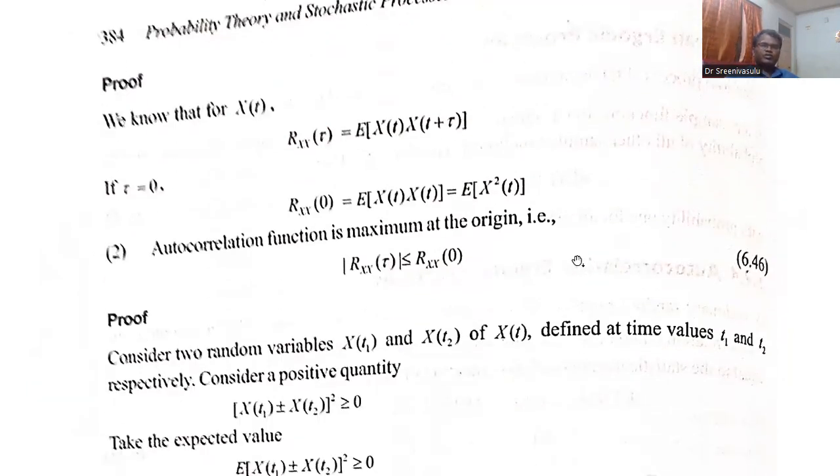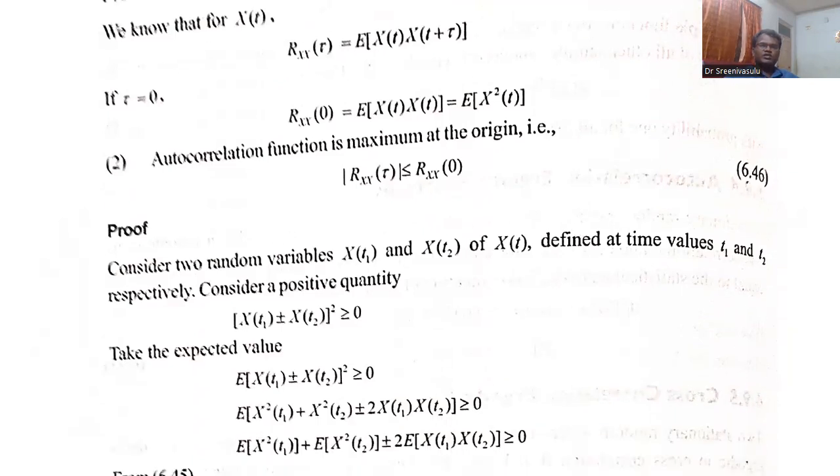Now, for the proof, consider the formula Rxx of tau equals expected value of x of t into x of t plus tau. It is our general formula for the autocorrelation function. In this formula, we substitute tau is equal to 0.